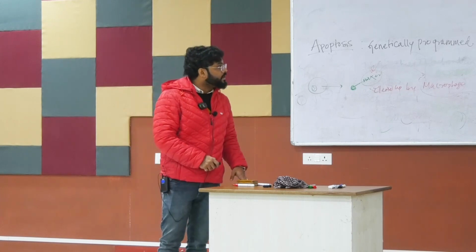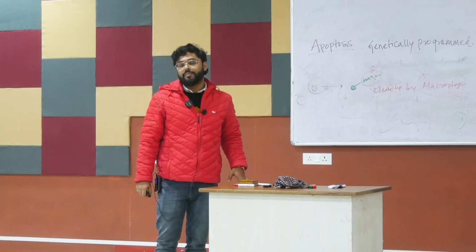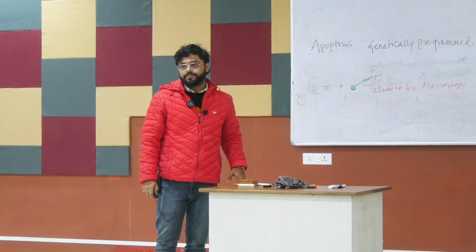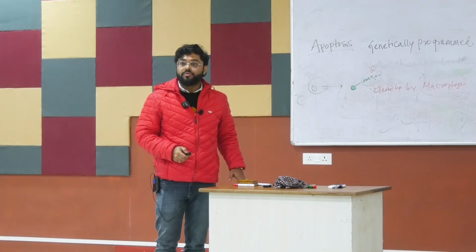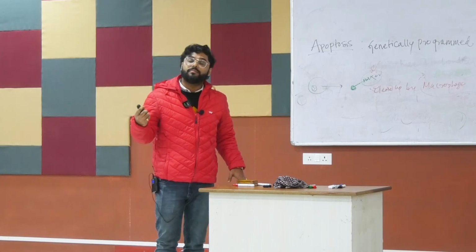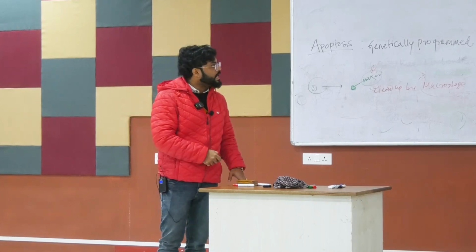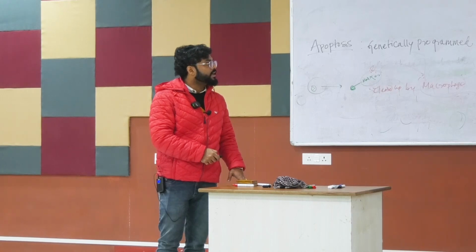This flipping is the marker of apoptosis. We have developed an antibody against this phosphatidylserine present on the outer membrane, known as annexin 5. So basically, annexin 5 is the marker of apoptosis.